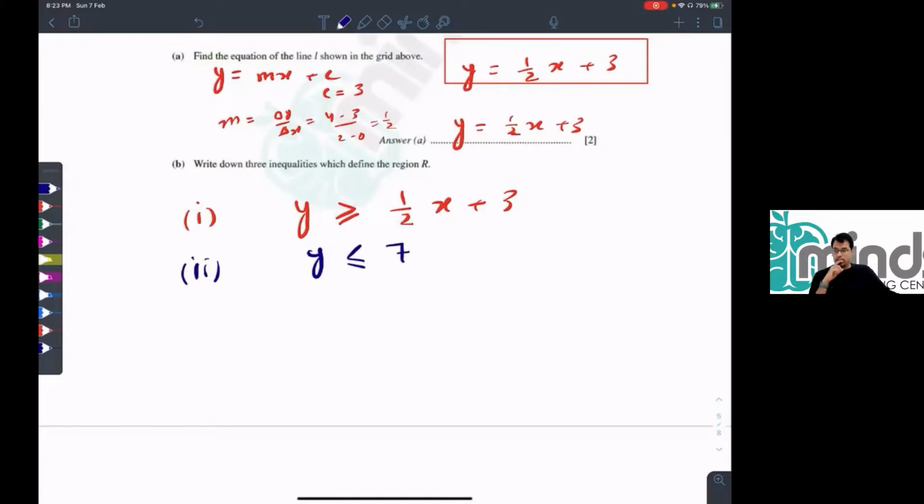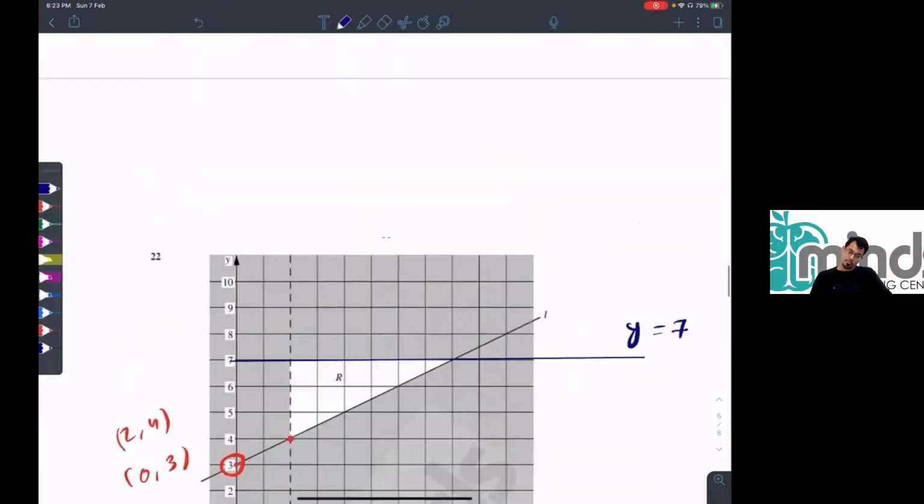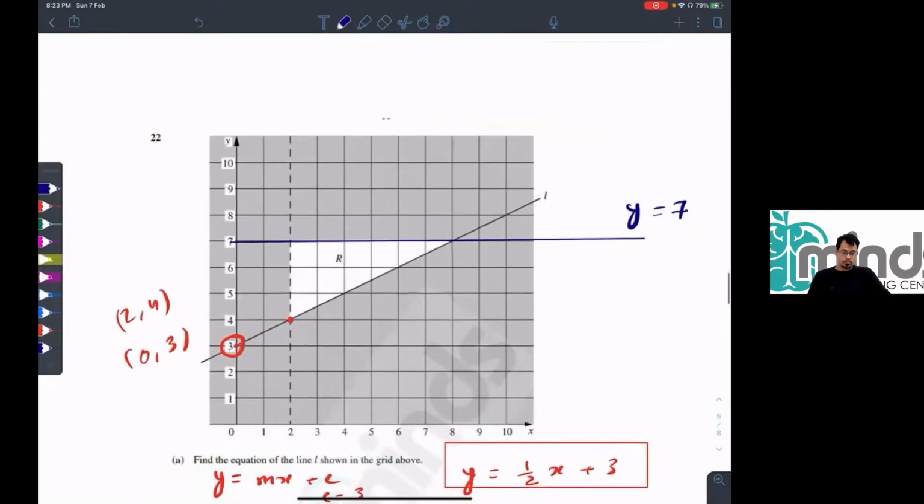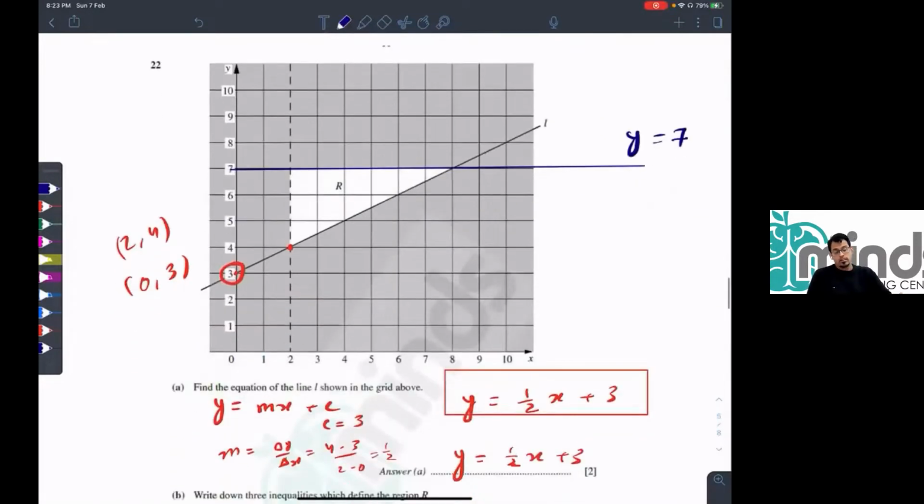How many of you are actually getting it right? Yes, sir. Yes, Surya. Are you not getting the right answer? Because only your hand is not raised. No, sir. But are you getting it now? Yeah. Okay. The third inequality is the dotted line.